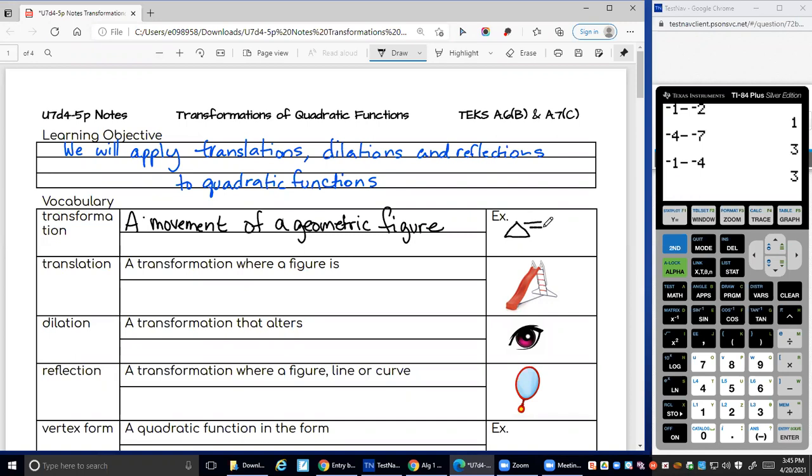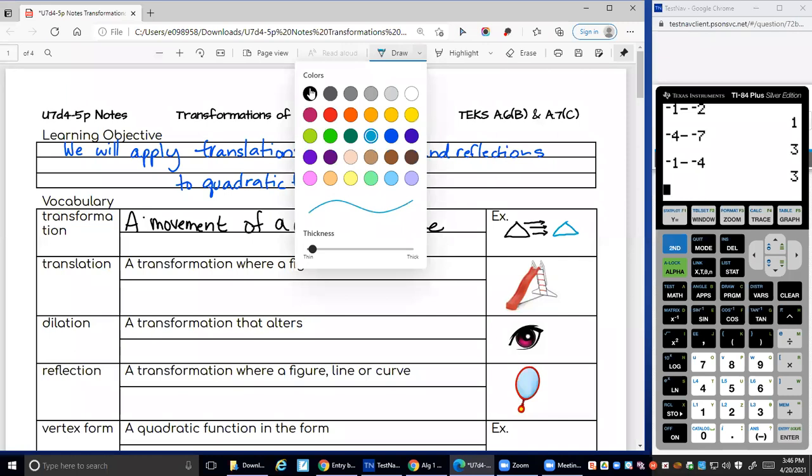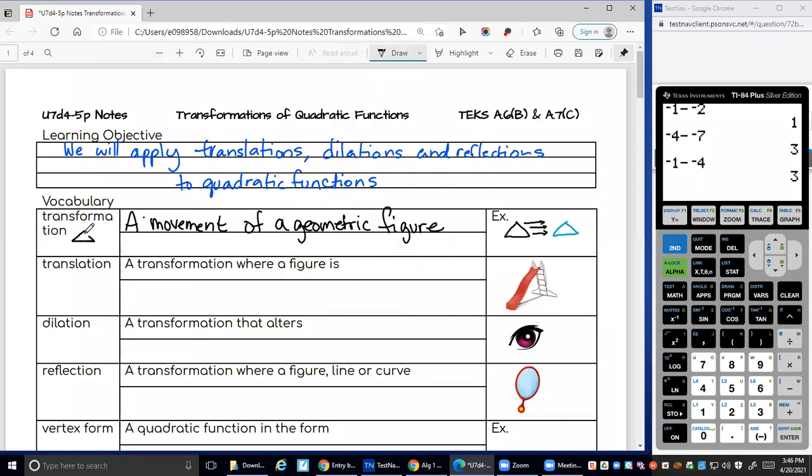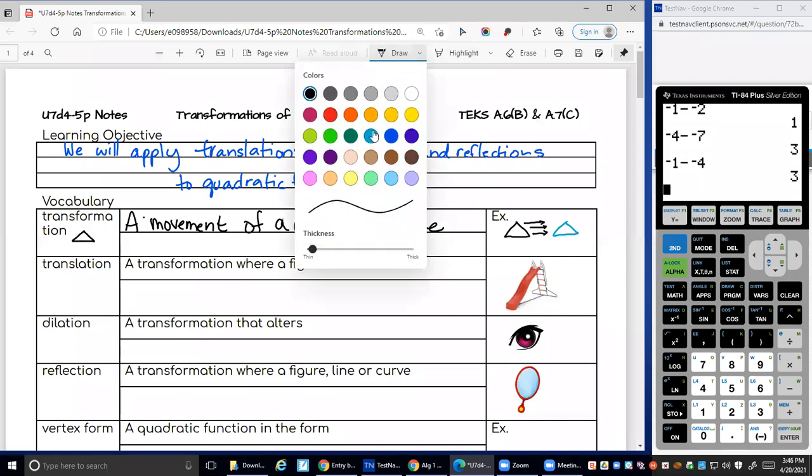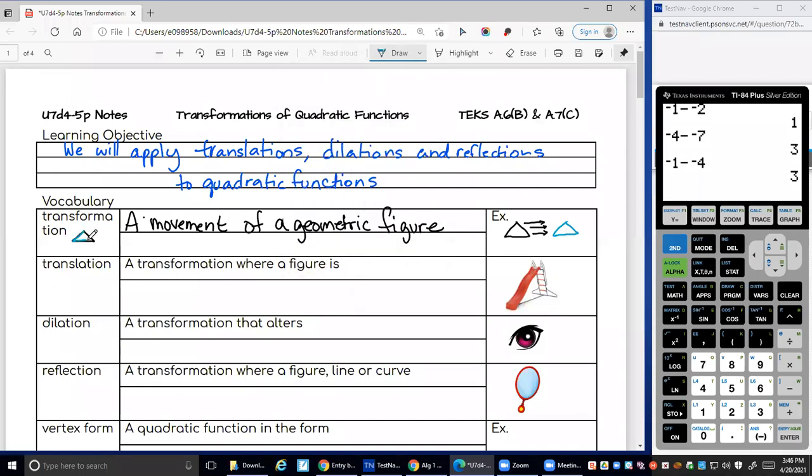And if I slide it to the right, my new triangle is going to be right over here, like so, right? That's a generic movement, okay? A transformation, okay? And what is not a movement is if I have my original triangle right here and guess what? It didn't move at all. It's right there, right on top of it. Well, that's not a transformation, right?